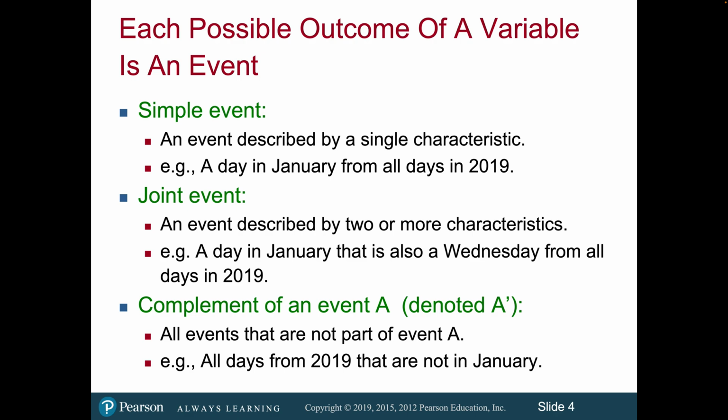But if we add into that the day in January is also a Wednesday, then we're adding in another characteristic, which moves us into being a joint event. And as we talked about in a previous video, a complement of an event A is just that it did not happen. So if our event is all the days in January, then the complement would be all the days from 2019 that are not in January.